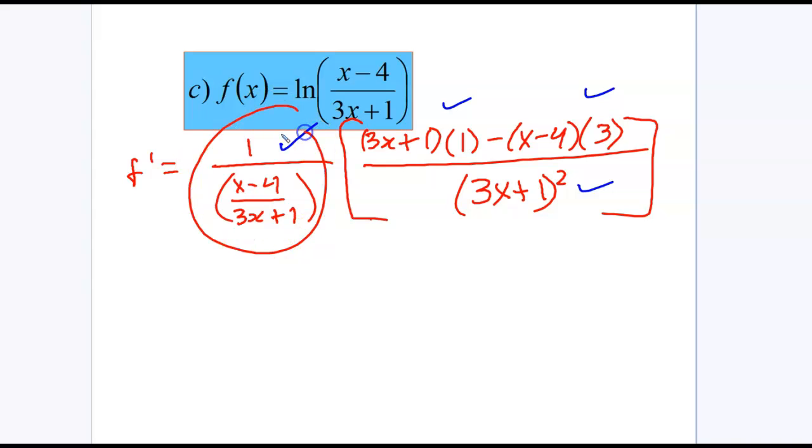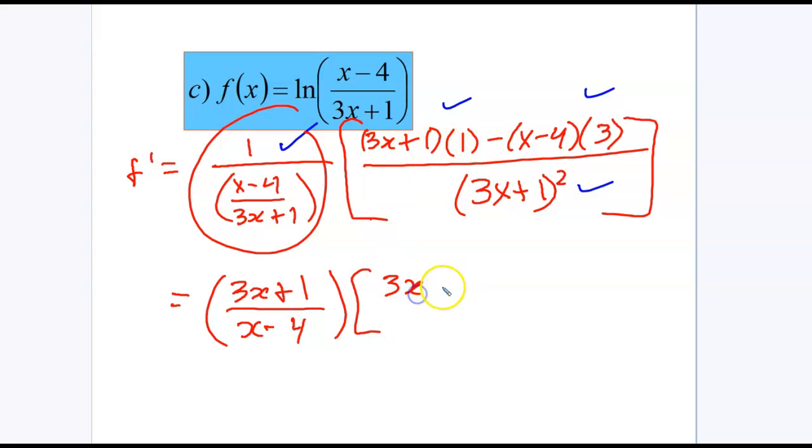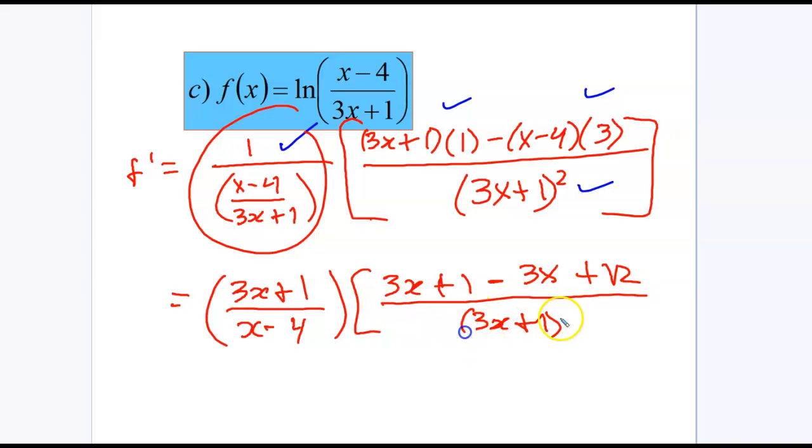So again, I can reciprocate this denominator here, get 3x plus 1 over x minus 4. And if I clean up the top here, I end up with 3x plus 1. When I distribute, I'll get minus 3x plus 12. And this is all over 3x plus 1 all squared.